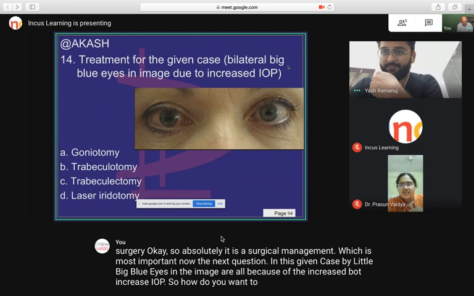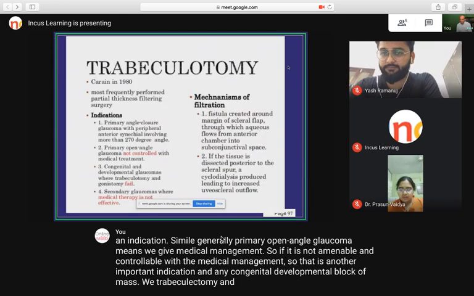And any congenital developmental glaucomas where goniotomy fails, that is the point. And secondary glaucomas also, wherever medical therapy is not successful, that is an indication for doing trabeculotomy, is what you need to remember.